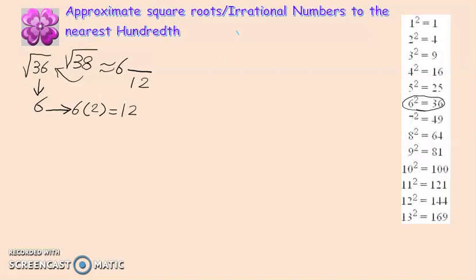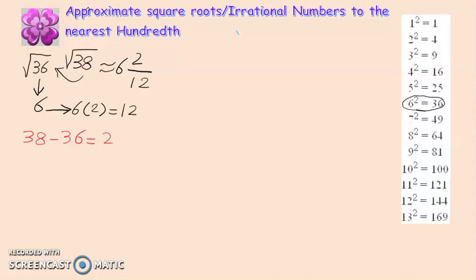And then subtract these two numbers: 38 take away 36, which is 2. This number should sit on top. So therefore, root of 38 is approximately 6 and 2 over 12.